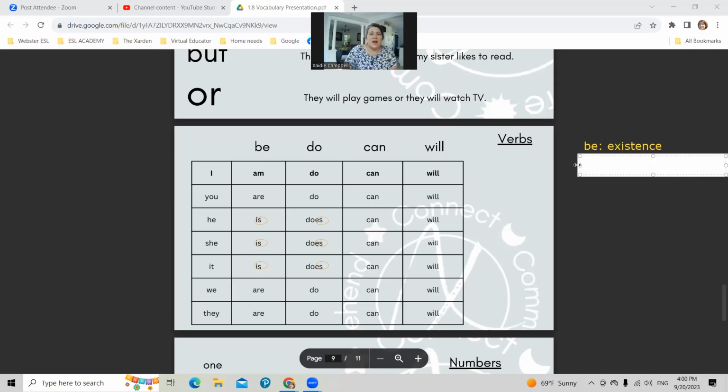How we are. Do, a lot of languages say it's like make, make or do. But we also use it as a verb placeholder.